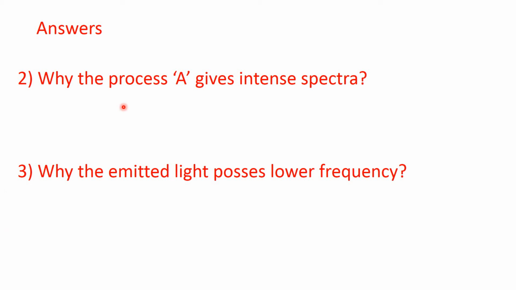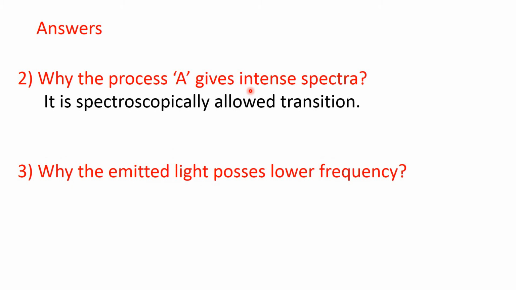Now let us come back to the answers of the remaining questions. Question number 2 was, why does process A give intense spectra? Because it is a spectroscopically allowed transition. During fluorescence, there is no change in the direction of spin and it is spectroscopically allowed, so it gives intense spectra.